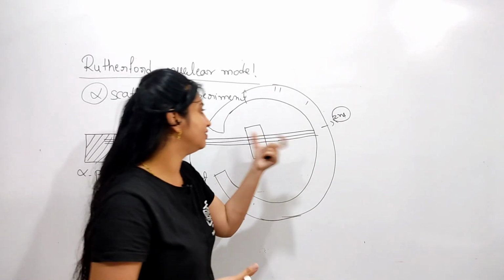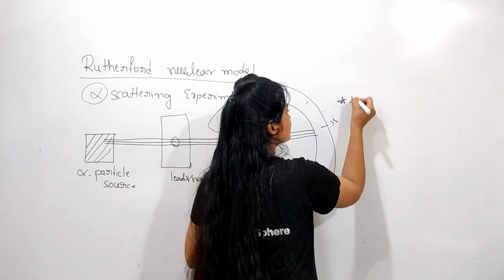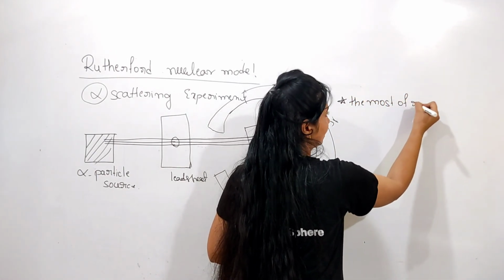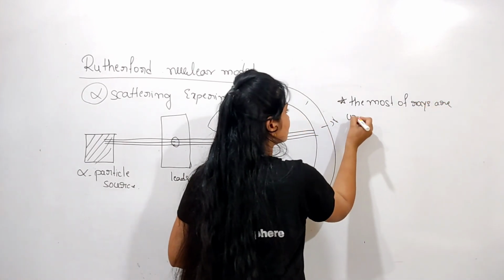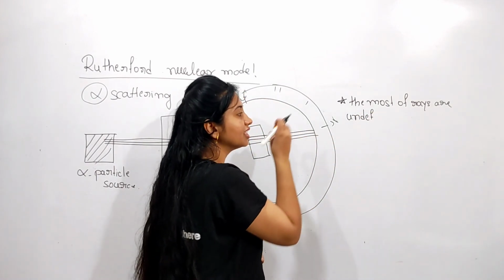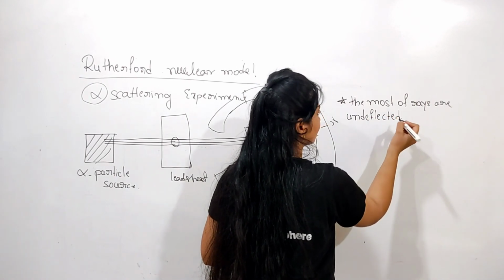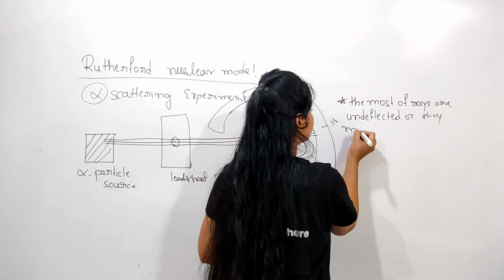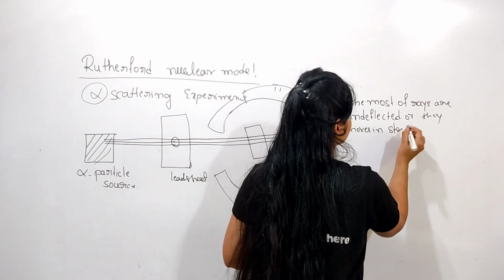They are not deviated. Undeflected means they are going in a straight line. They move in a straight line.